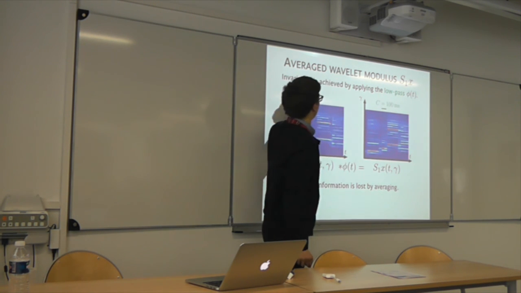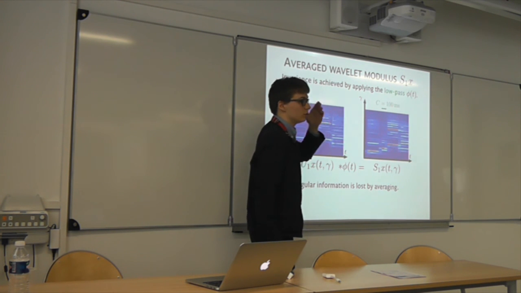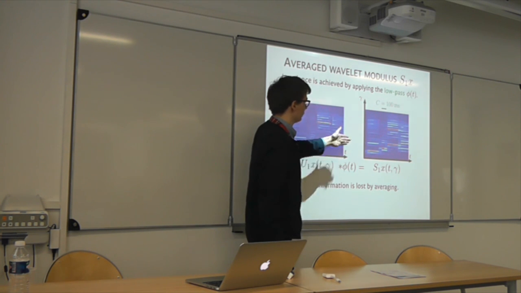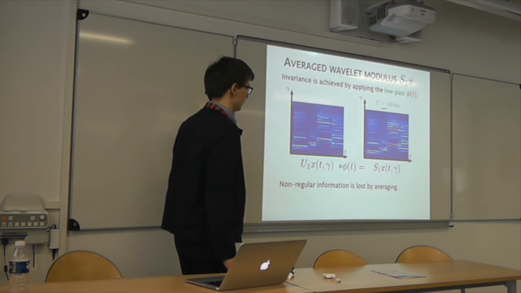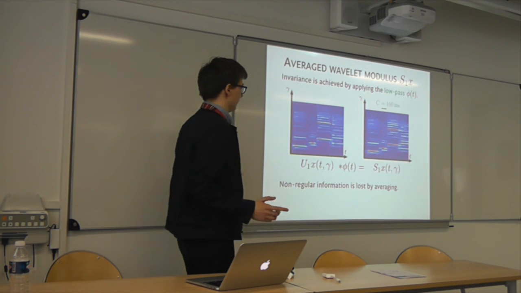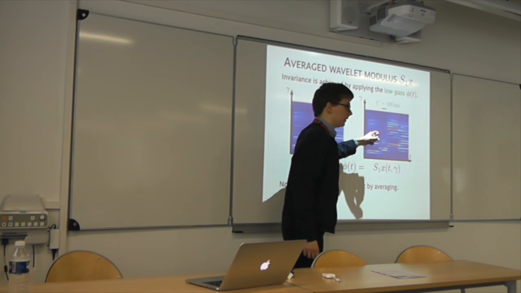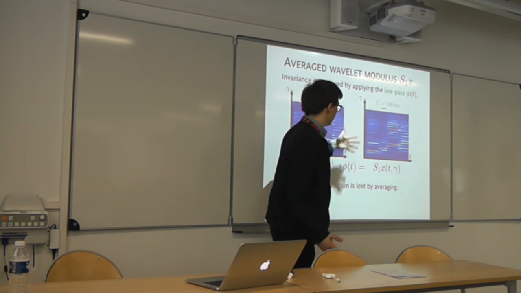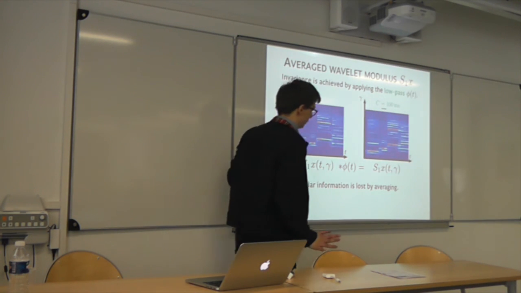S1 would be the averaged wavelet modulus, and that's essentially a constant Q spectrum. So it's a constant Q transform. And the constant Q transform has a very nice property. It has the amount of invariance we wanted, it has stability, and it's somewhat discriminative of the different musical notes.